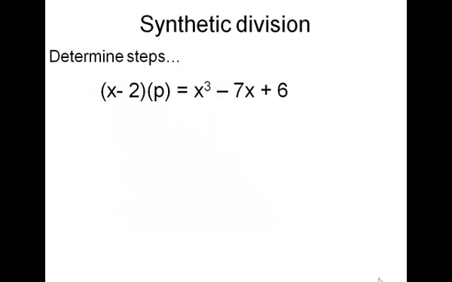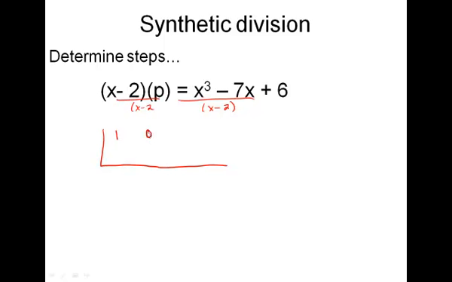I'm going to do one more example of synthetic division, and just like we had for long division, that step-by-step process, I would like you to create a step-by-step process for synthetic division. So again, to solve for this unknown factor, instead of the division, we're going to use the synthetic box that looks like this, and we're just going to place the coefficients in that synthetic box.